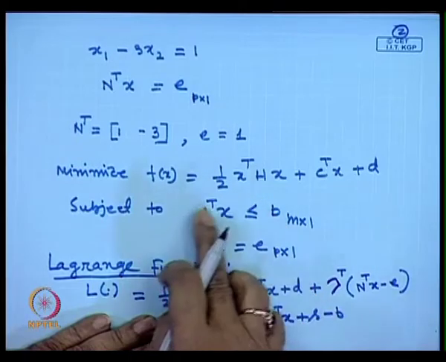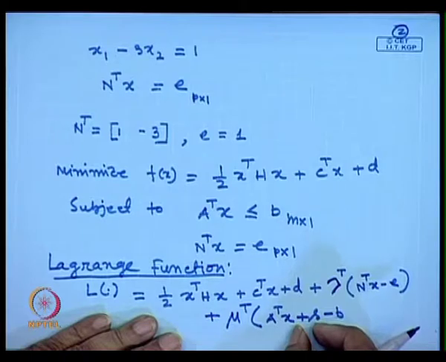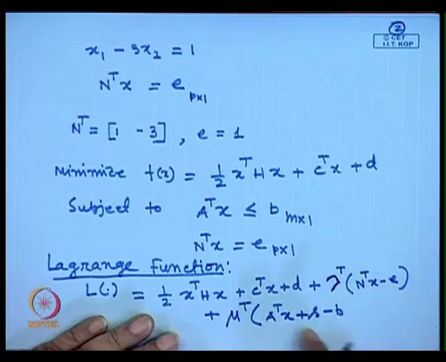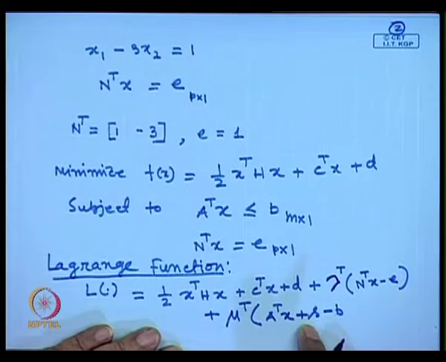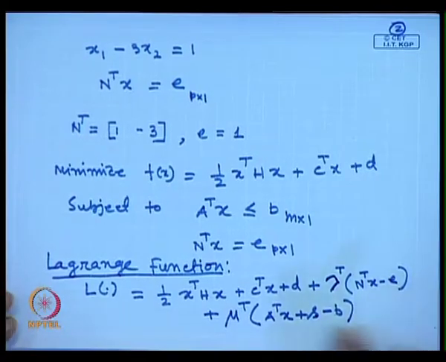So, A transpose x minus b is less than 0, so you have to add some variable, and that variable should be some positive value so that this is equal to 0. This variable is called the slack variable.